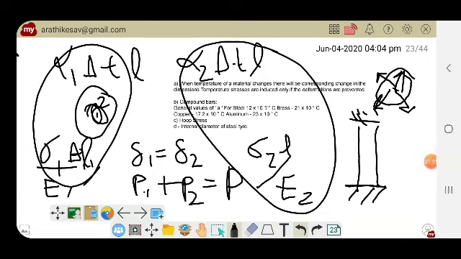So what we need is how much temperature change. Their questions may come like how much temperature change should be induced so that this tire can be inserted.